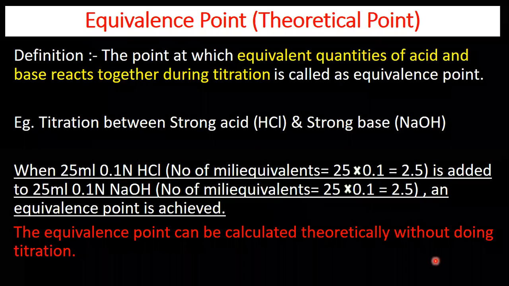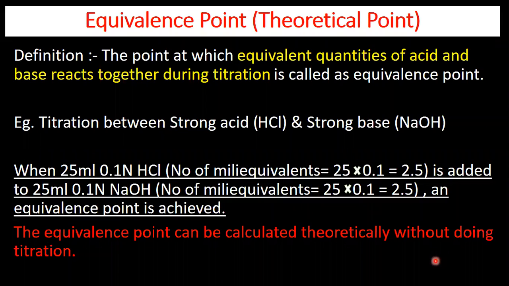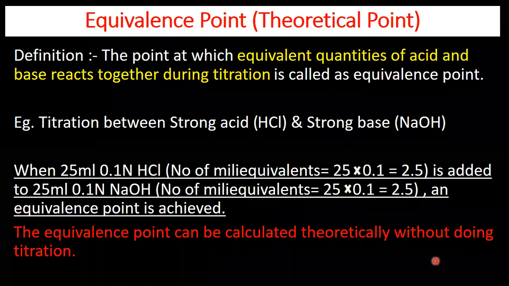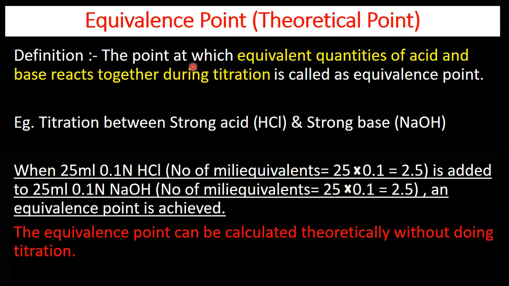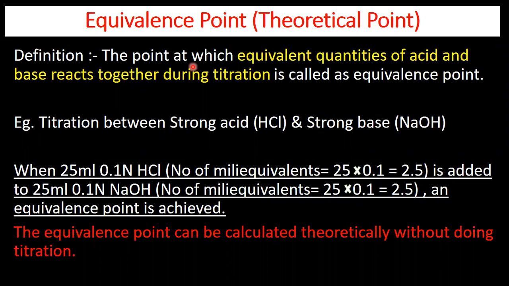In the next lecture we are going to do all this kind of calculation, how to find out the end point of a titration without doing a practical. So what is the definition of equivalence point or theoretical point? It is the point at which equivalent quantities of acid and base react together during a titration is called the equivalence point. Let us move ahead.